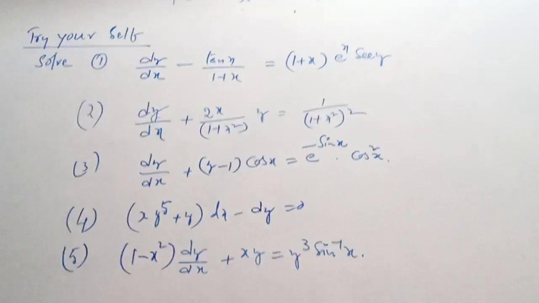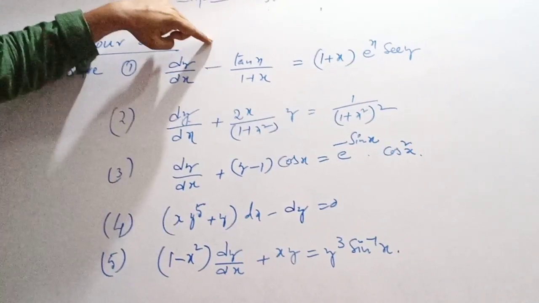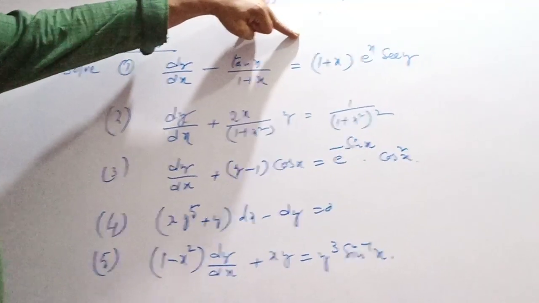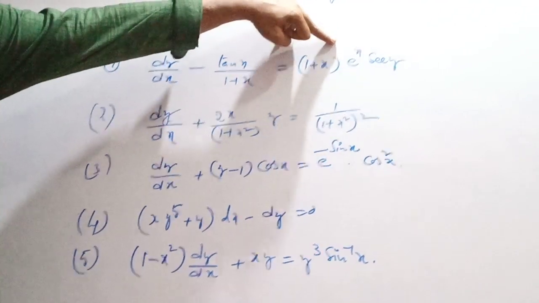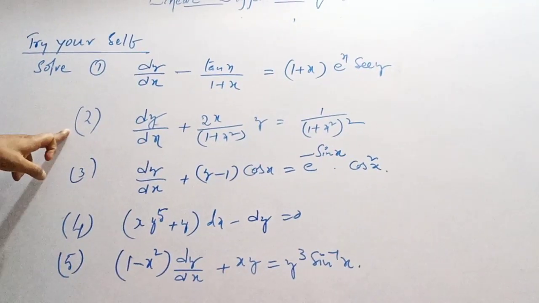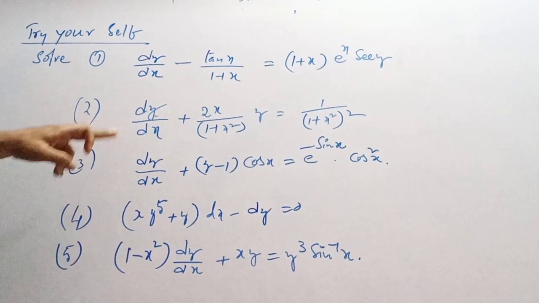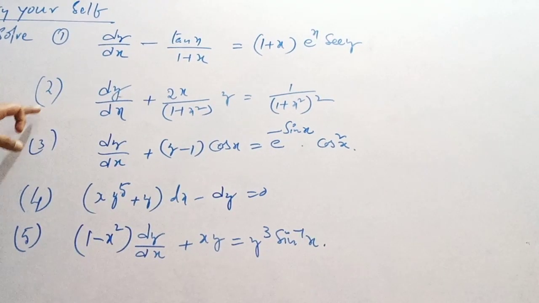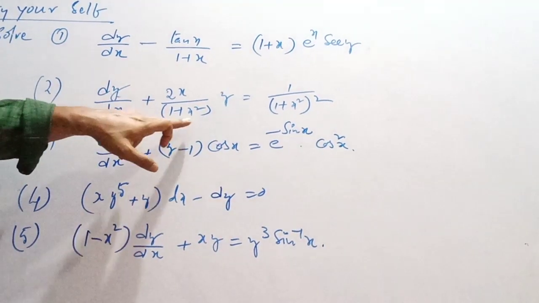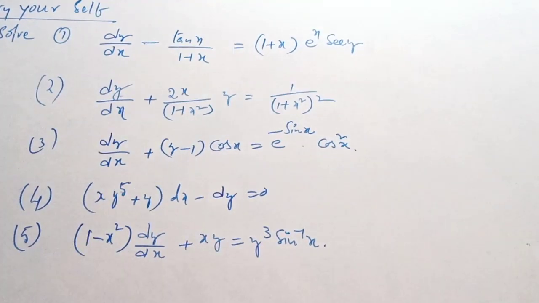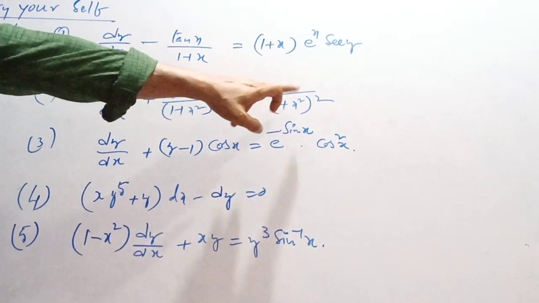Try yourself, solve. Number 1: dy by dx minus tan x by 1 plus x equals 1 plus x into e to the power of x into sec y. Number 2: dy by dx plus 2x by 1 plus x square of y equals 1 by 1 plus x square whole square.